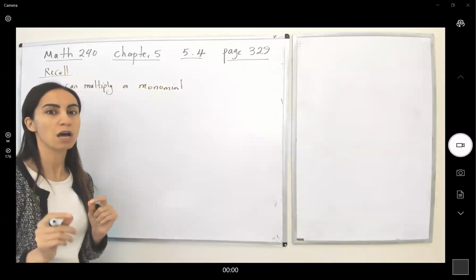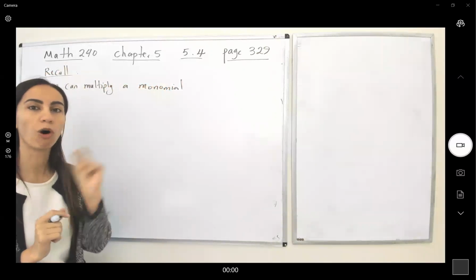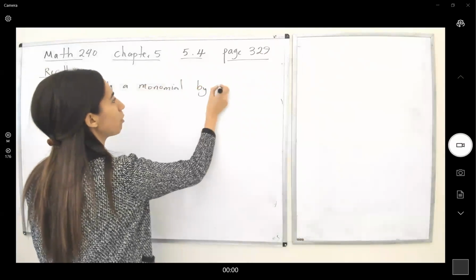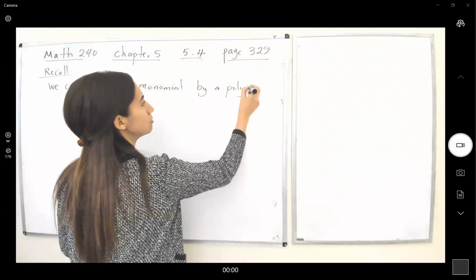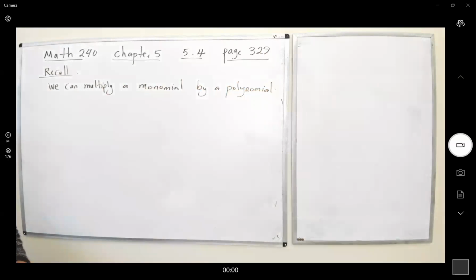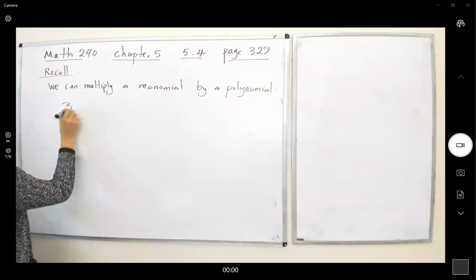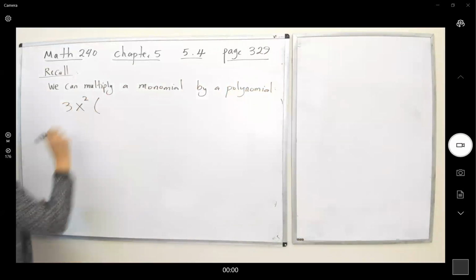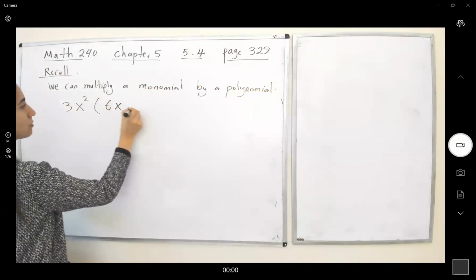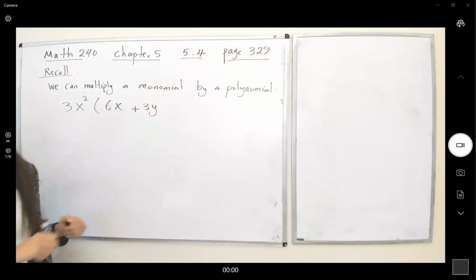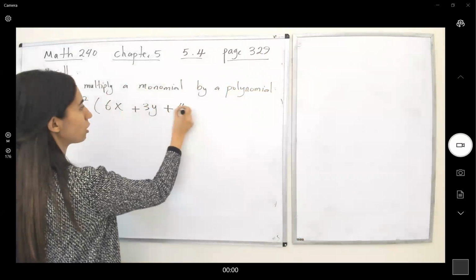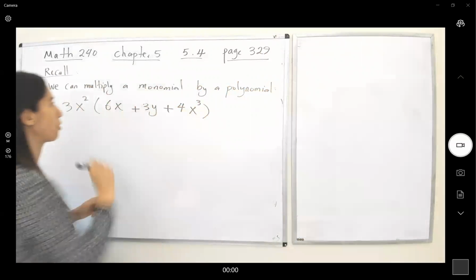A monomial was a polynomial with only one term, multiplied by a polynomial. We have 3x squared, for example, times 6x plus 3y plus 4x cubed. 4x to the third power.